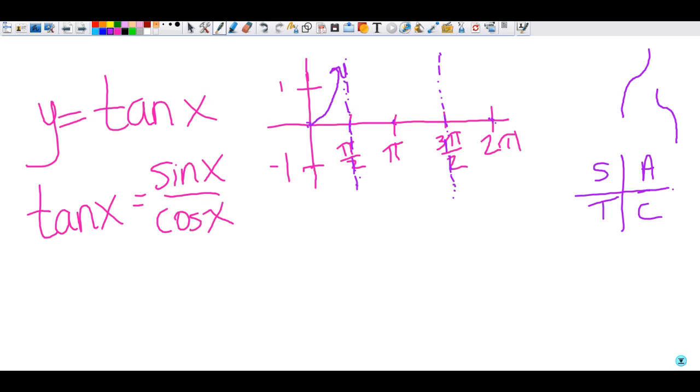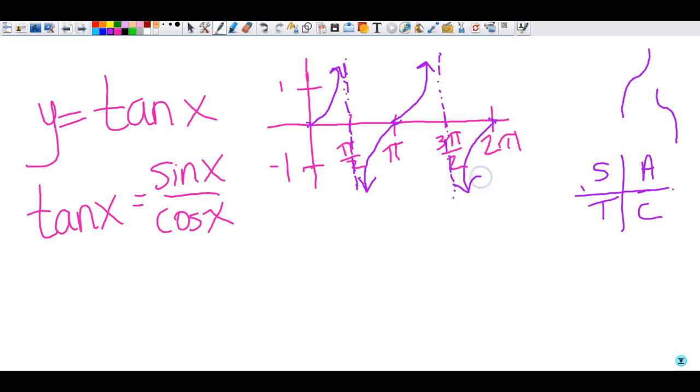So then in quadrant 2, or from pi halves to pi, which is right here, your tangent is negative. So since tangent is negative, it's coming up like this. Then tangent is positive in the third quadrant, or from pi to 3 pi halves. So it's coming up like this. Then it's negative here again, and it's coming up like this.